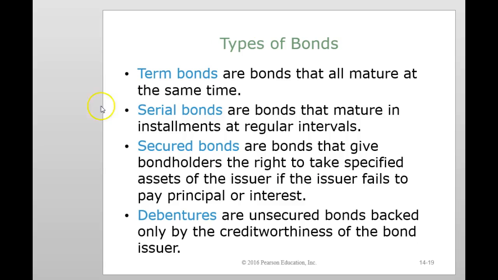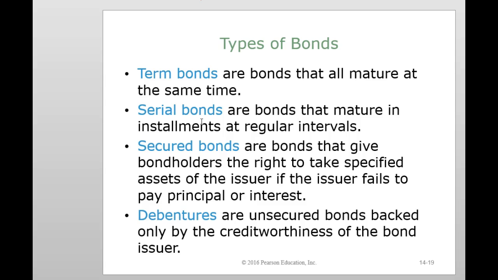Types of bonds, you've probably heard this before, are term bonds, which all mature at the same time, or serial bonds, which means they can mature in installments at regular intervals. You have secured bonds, which are secured by an asset of the person who you're borrowing from.